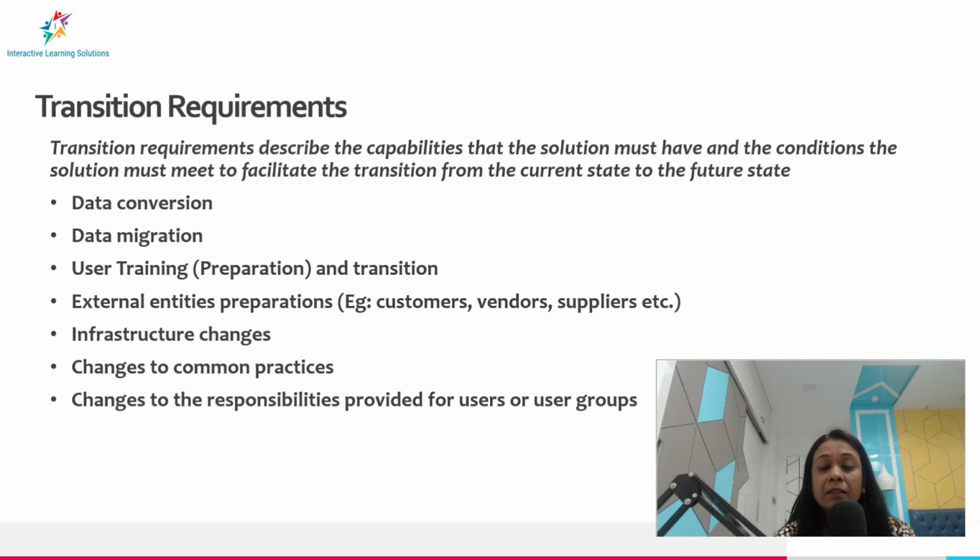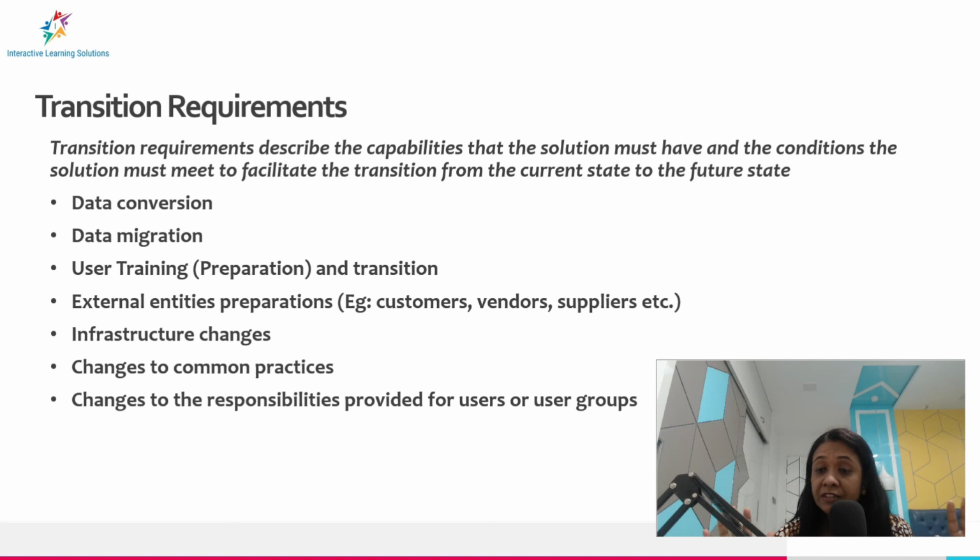Now, one of the top mistakes new BAs make is they don't think about transition requirements during the requirement gathering phase. Once the solution is all ready for production, that's when the client says, "Hey, what about my old data? How are you planning that migration?" And the BA has no clue about it. Neither does the technical team have any clue because nobody even raised a question around it.